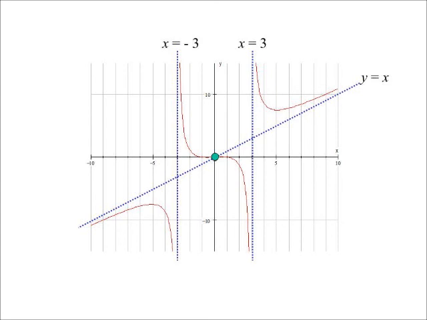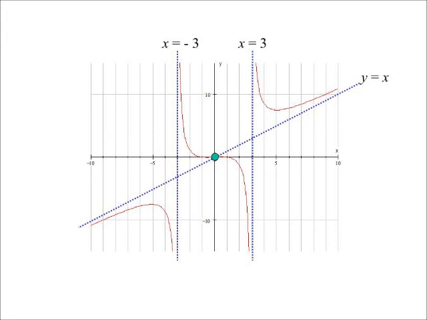Now, how do I know where it goes? Because if that's the only x-intercept on the whole graph, then on the left-hand side, it must be in this little triangle here, because the curve always bends towards the asymptote. If it was in the other one, I'd need an x-intercept, and I haven't got one. So it must be down there. Similar for the right-hand side.